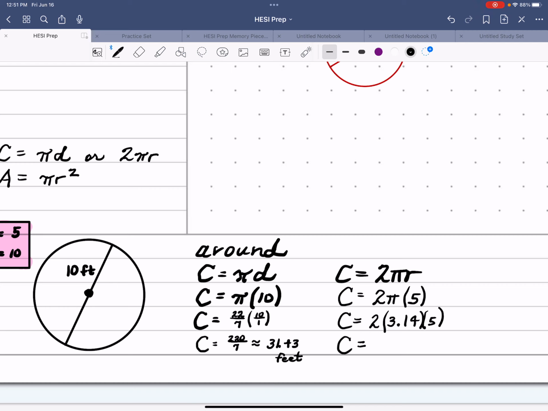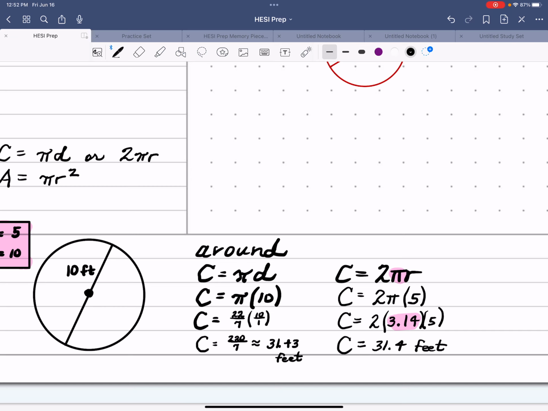So we have 3.14 times 2 times 5. That's 31.4. It's already rounded for me. Either of those would be acceptable answers. Both of them require rounding, so you can pick the way you want to do it. Personally, I recommend using 3.14 for pi.